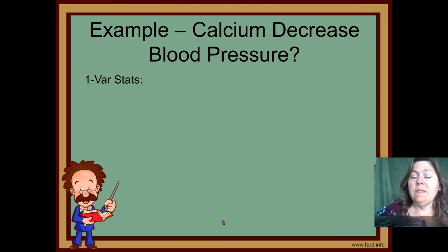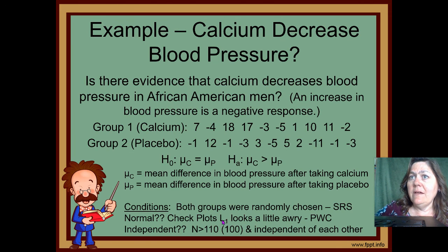What you need to do is run 1-Var Stats on each of the data. So I'm going to go back. Did you have time to put all of that data into your calculator? Make 2 separate lists because you're going to run this for me. If you need time to put that in, then pause and put it in.